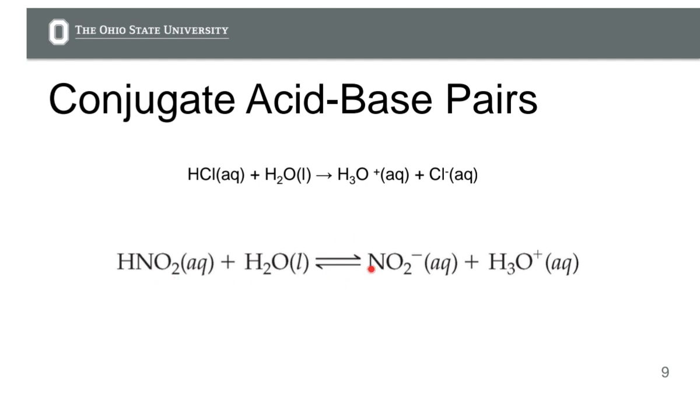Okay, so equilibrium arrows here in this second reaction. The reason being is that HCl is a strong acid, so it will completely dissociate in water, meaning there's no equilibrium with water. Okay, this reaction occurs to completion. Anything with a weak acid does not occur to completion. Okay, so we have this equilibrium in place.